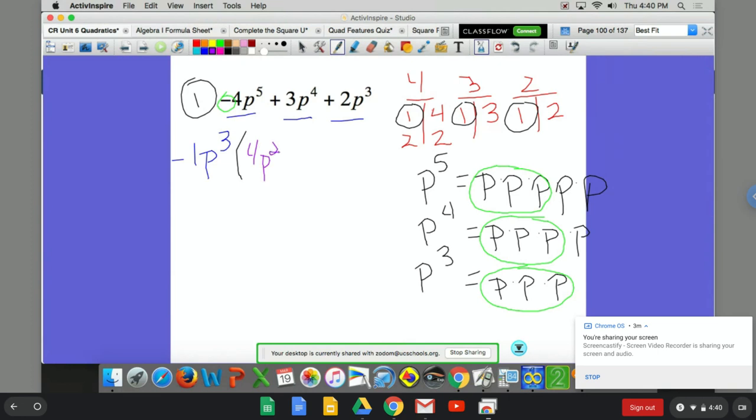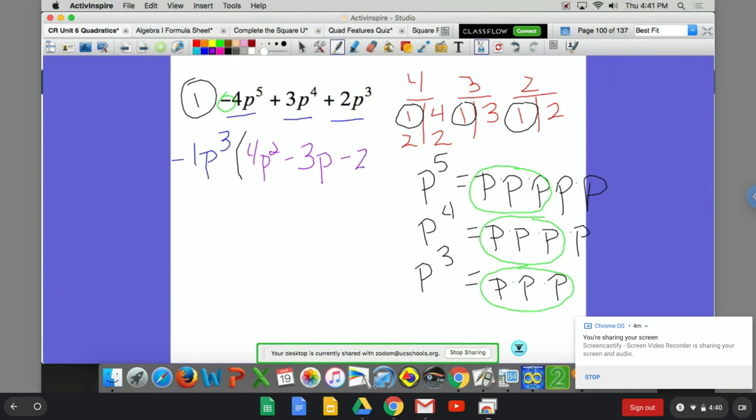Now, negative 1p to the 3rd times what is going to give me positive 3p? So since we need a positive, we're going to have to multiply by a negative 3. And then since we have 4 p's up top, we need 3 p's, so we need 1 more p. And then negative 1 times what is going to give me positive 2?